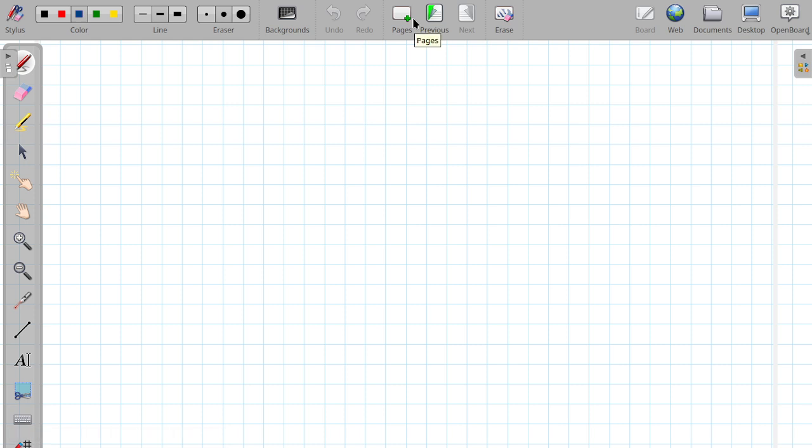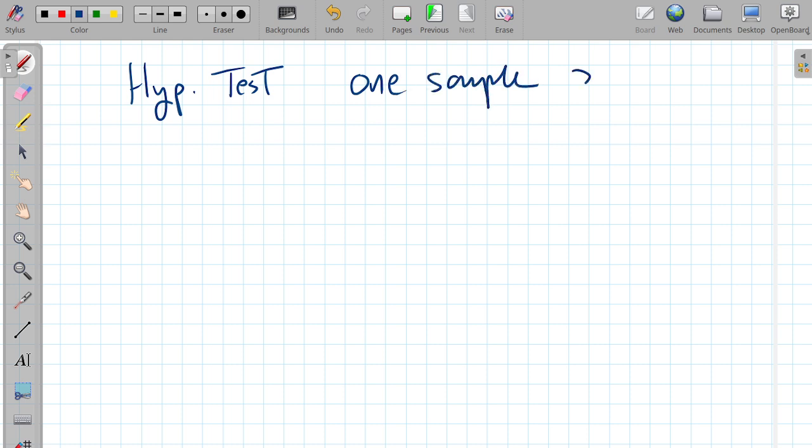What are we going to do next? Next time we get together, which is likely to be Saturday, we're going to talk some more about hypothesis testing. And I am going to do the one-sample z-test for proportions.